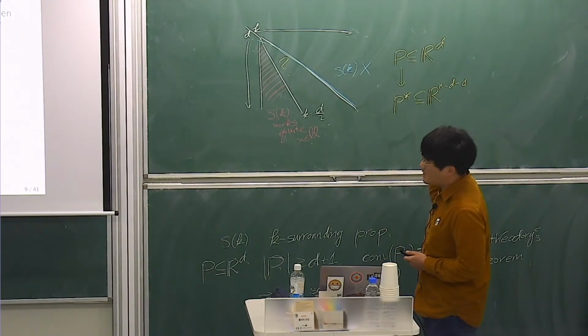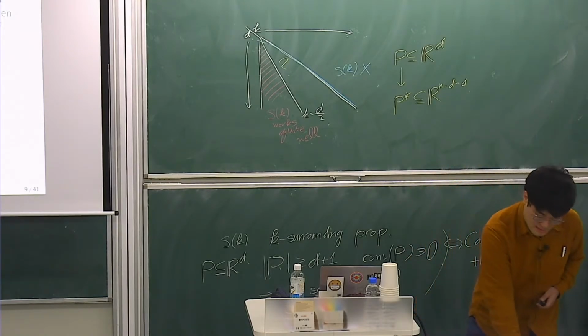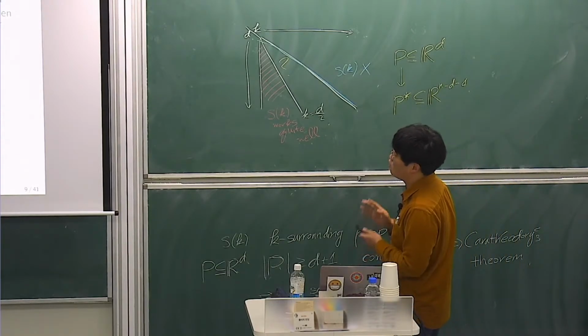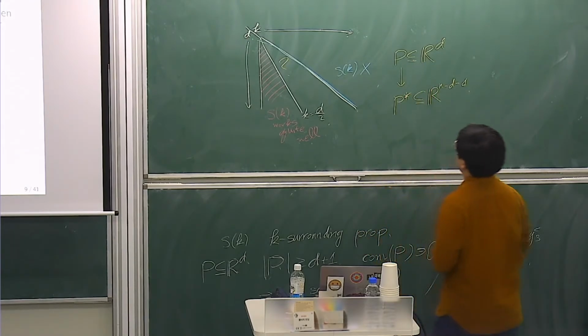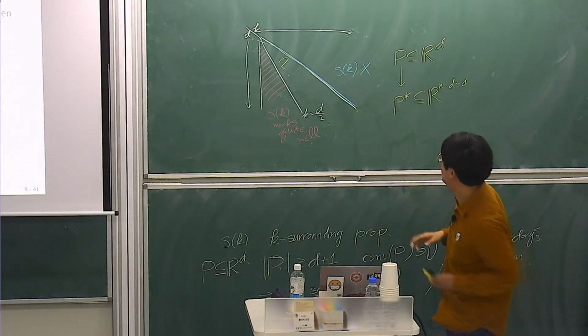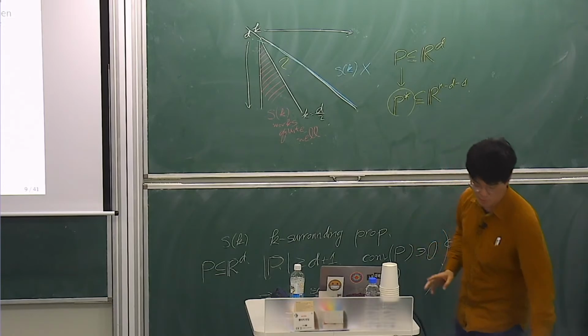Actually, the Gale dual is not unique, but the information about linear dependency, or affine dependency, or independence, that combinatorial information is uniquely determined by the Gale dual.